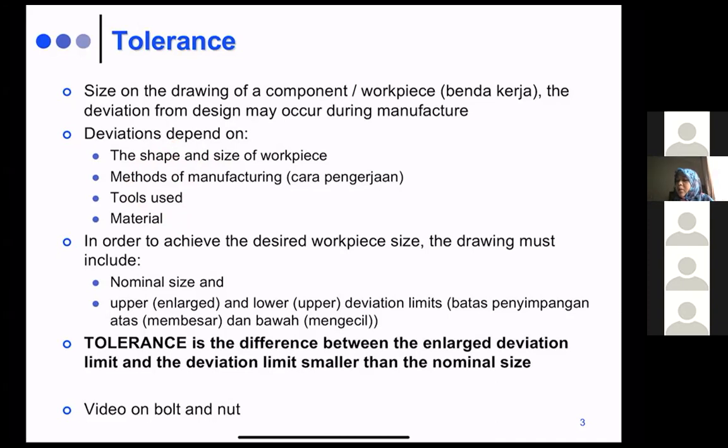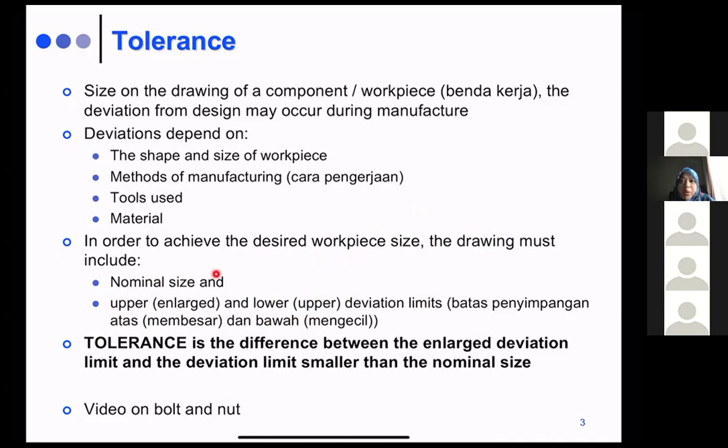So in order to get the desired workpiece size, the material that we want, or the specimen or component that we want, and also to make it easy for the workshop person, we have to include the tolerance in the drawing. Tolerance means the upper and lower deviation limits.